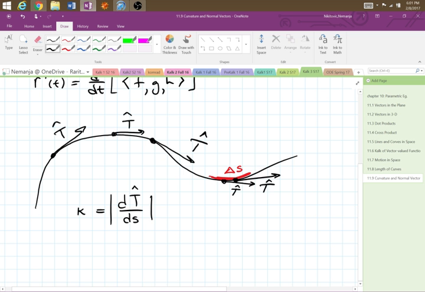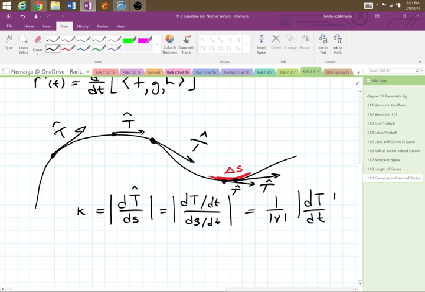Now, we can manipulate this formula a little bit by dividing the top and the bottom by dt. And we're going to get the form that we could actually use to compute.